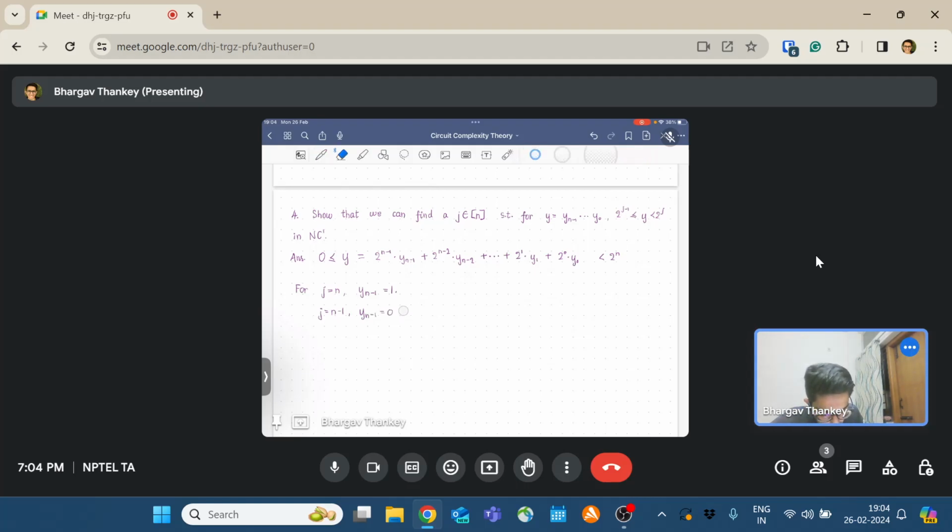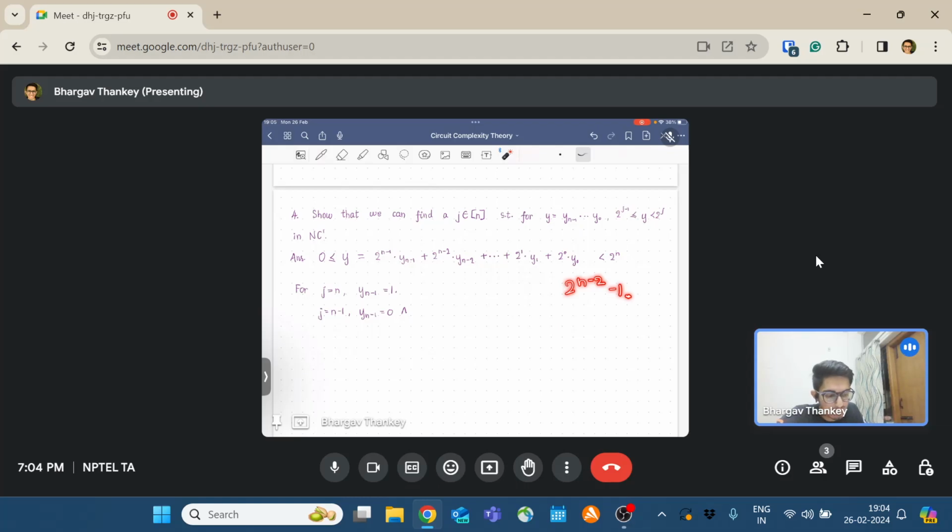And what about yn minus 2? Can it be 0? Now this term isn't there at all. If yn minus 2 were 0, then you would be left with a number which is less than 2 to the n minus 2, and that won't work, because we want y to be at least 2 to the n minus 2.